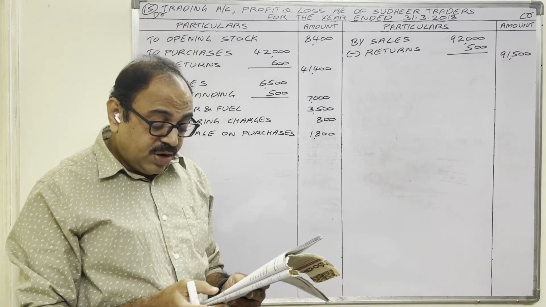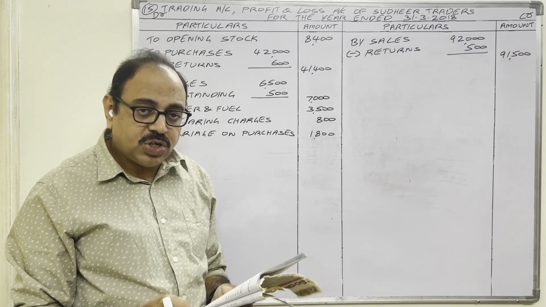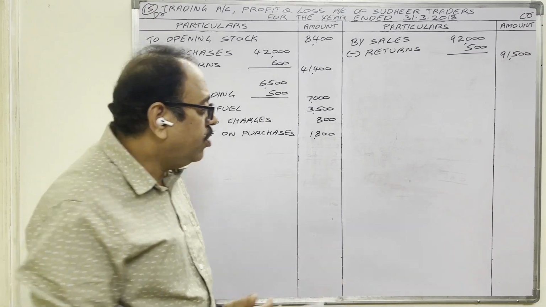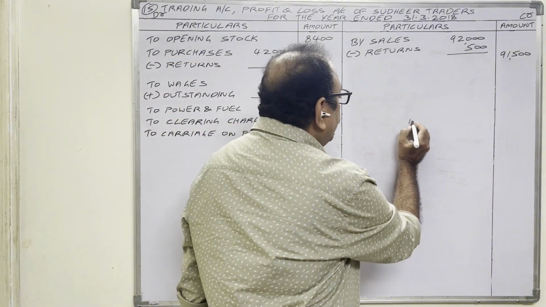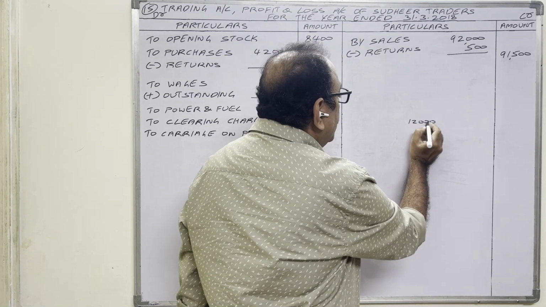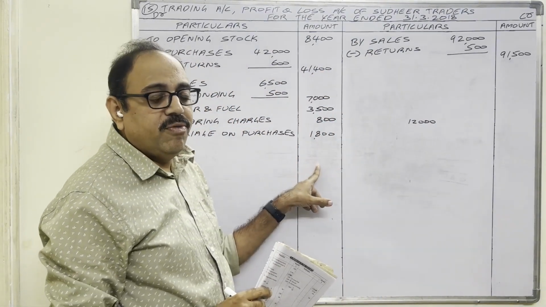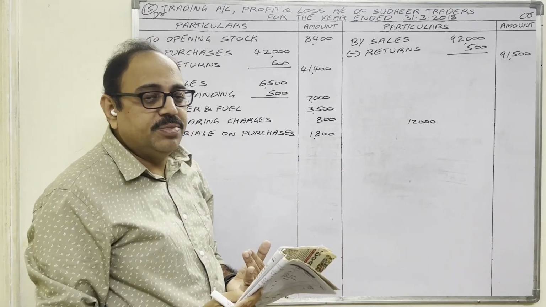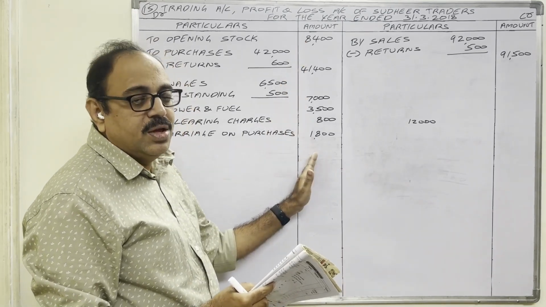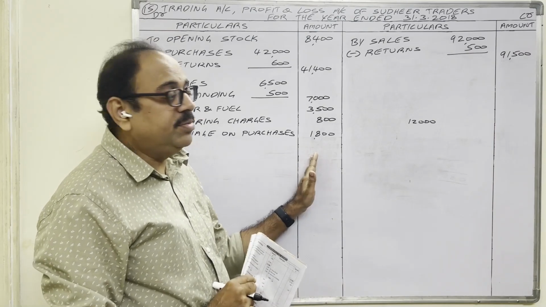Here 12,000 worth of stock is destroyed by fire accident. Therefore 12,000 worth of stock is going from the firm. See, in the trading account, when stock is coming into the firm, we show it on the debit side. When stock is going from the firm, we show it on the credit side.